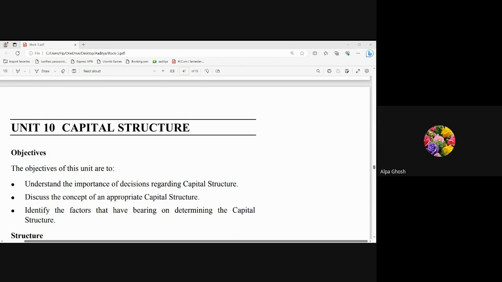Funds are raised with different sources. The sources may be own fund or borrowed fund. It may be short-term fund, it may be long-term fund. So what is the composition of your funds in the total capital structure of the company?